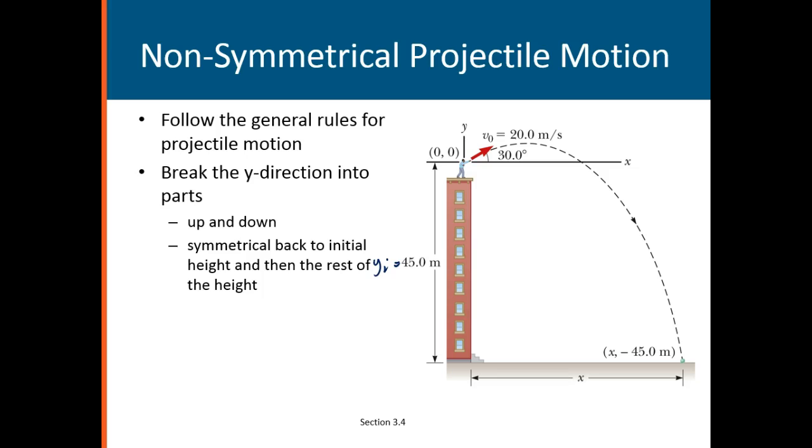Minus 45 meters would be the Y final. So this over here is our Y final, the way they set up their coordinate system. And you see, a lot depends on how you set it up. Since they have that in the figure and I wasn't going to redraw it, we'll use it.